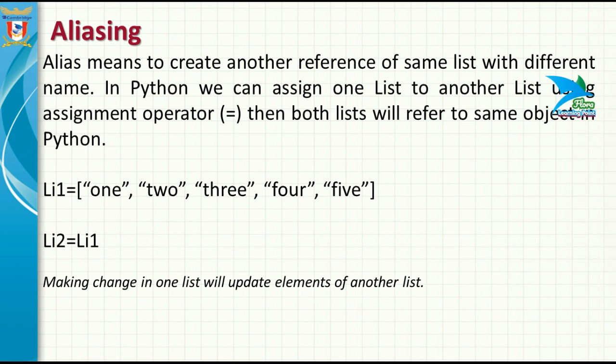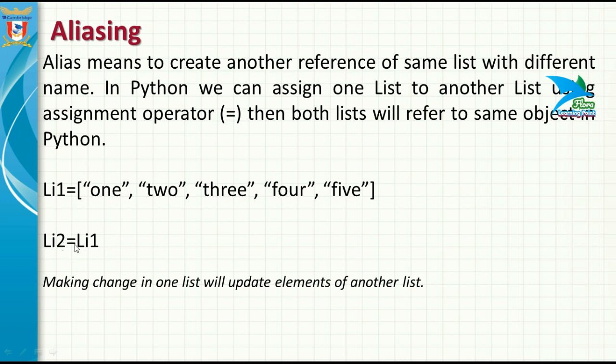Next we'll discuss aliasing a list. Alias means to create another reference to the same list with a different name. In Python we can assign one list to another list using the assignment operator, and then both lists will refer to the same object.